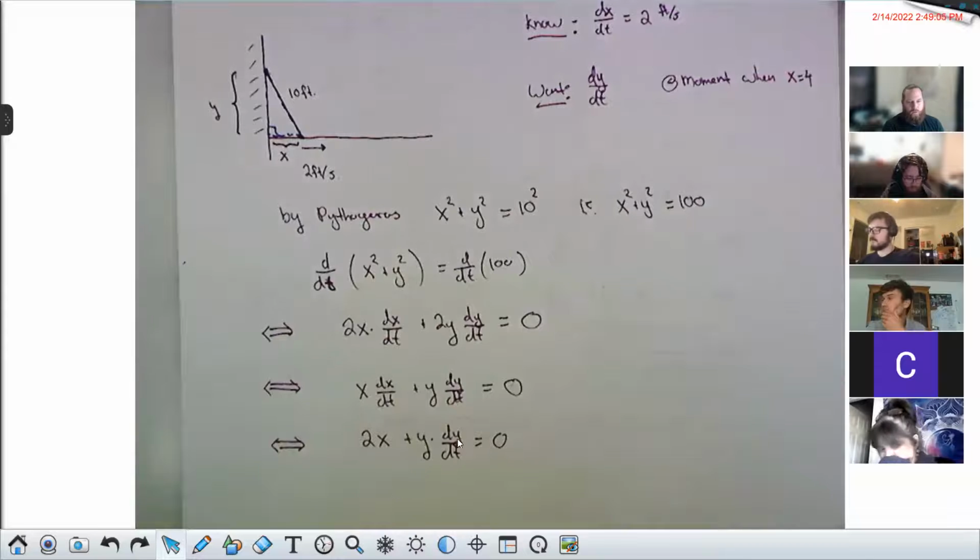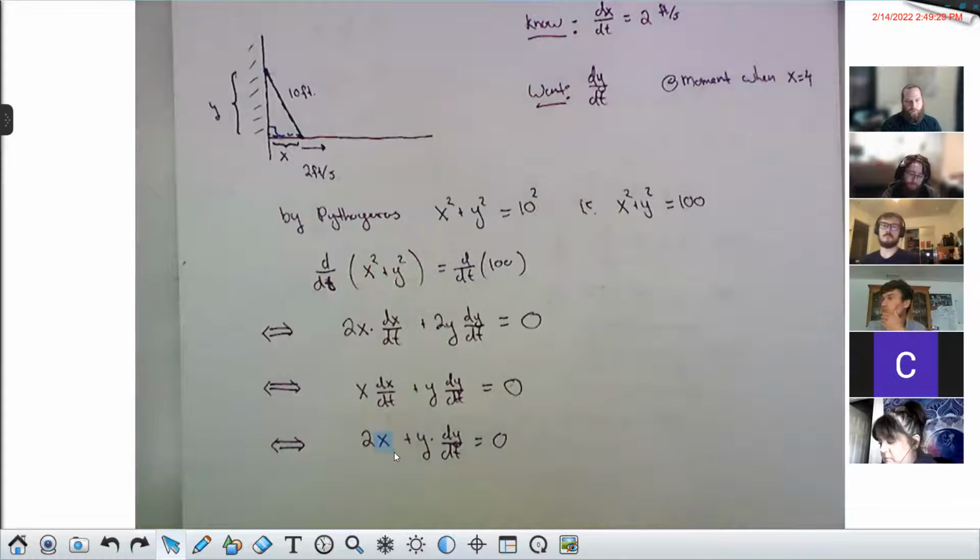And now there's two things in the way of me being able to solve for dy/dt. There's an x here and a y here. And I need to have some numbers I can plug in for both of those. So this is the relationship that's true for all time. And then I want to freeze time at the moment when x is equal to 4 and solve for dy/dt.